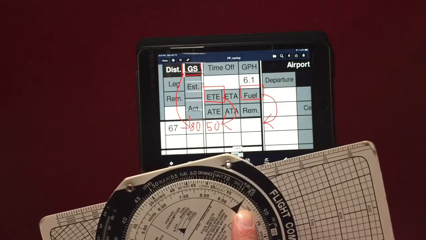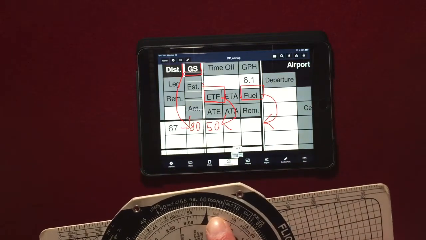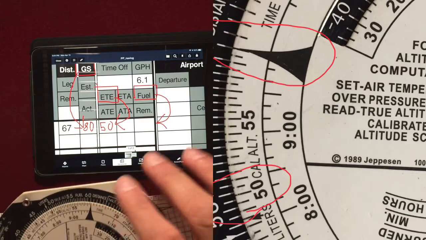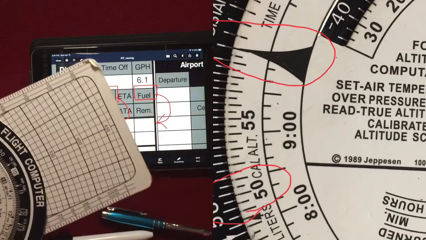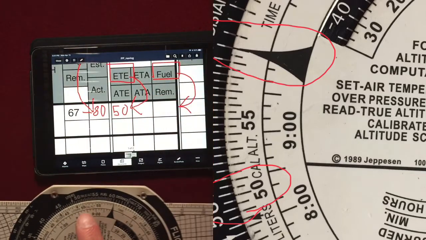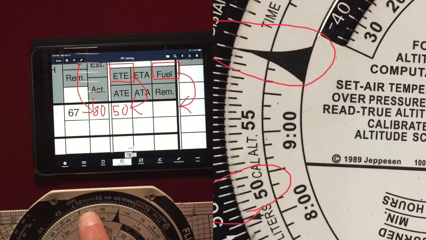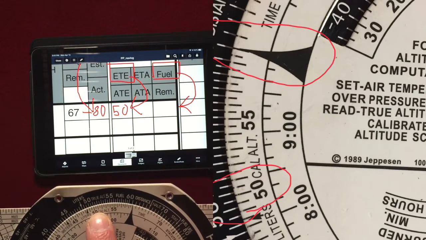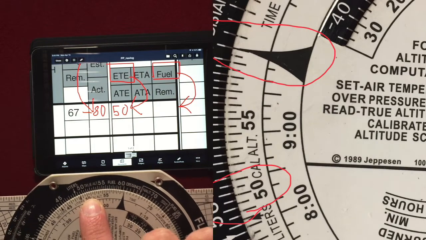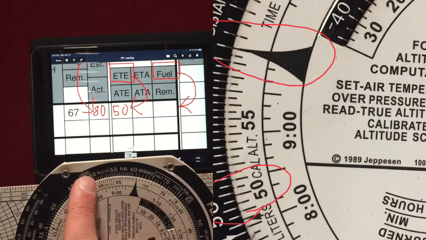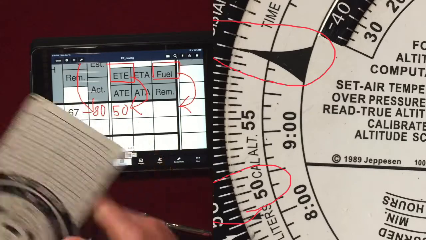We take our index indicator, we bring it over to 61 or 6.1, and then we read. Come to 50 minutes and find we'll burn 5.1 gallons in our trip, because 50 minutes, read up to the gallons per hour, is 5.1 gallons.